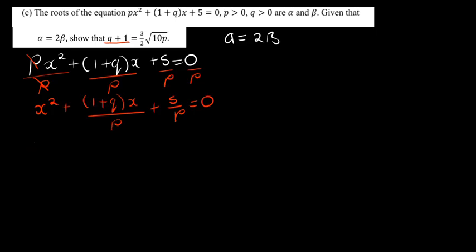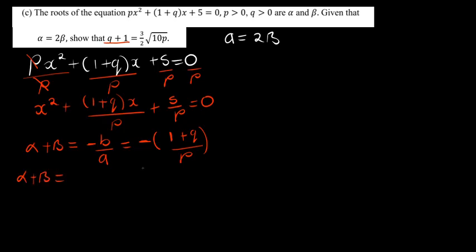You're going to say alpha plus beta, and that is the sum. What's the sum? It's negative b over a. Since you are starting with negative, then you put 1 there plus q over p.